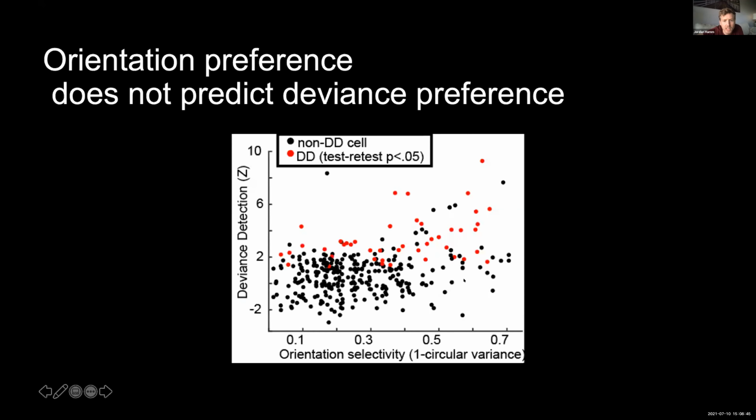What was true is that it was rare to find a deviance detecting neuron which exhibited deviance detection to both orthogonal orientations. So there is some relationship to orientation selectivity, but one does not purely predict the other.